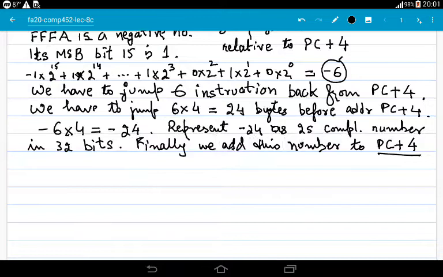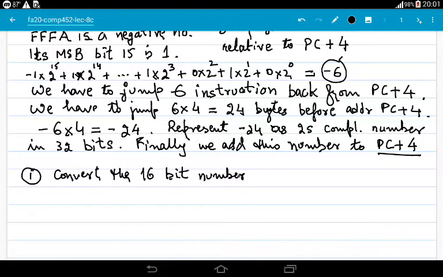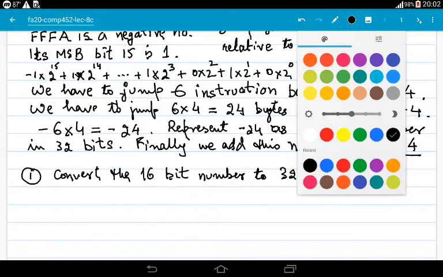Okay, so basically these are the steps that the processor needs to perform. Number 1, convert the 16-bit number to a 32-bit number, preserving the sign.